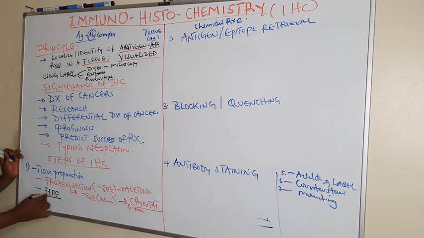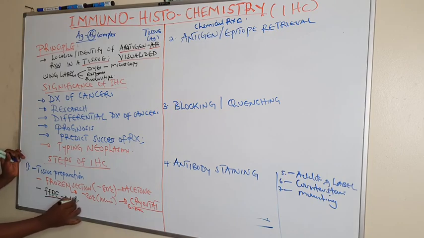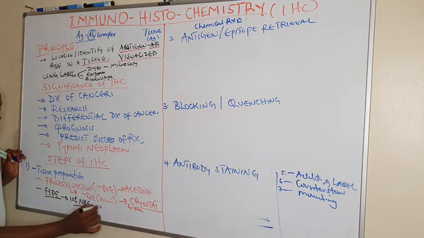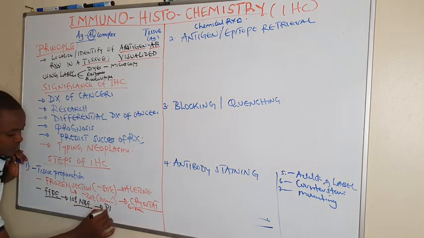Formalin fixed, paraffin embedded can also be used, whereby we fix the sample using 10% neutral buffered formalin, and after fixing it, we embed using paraffin.